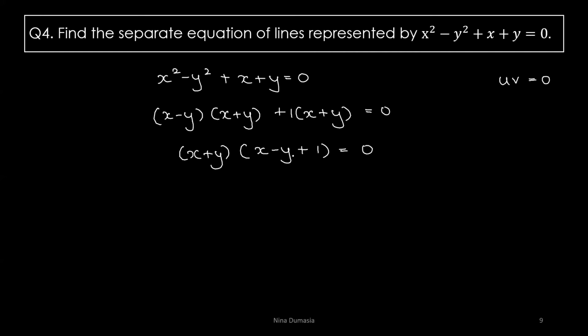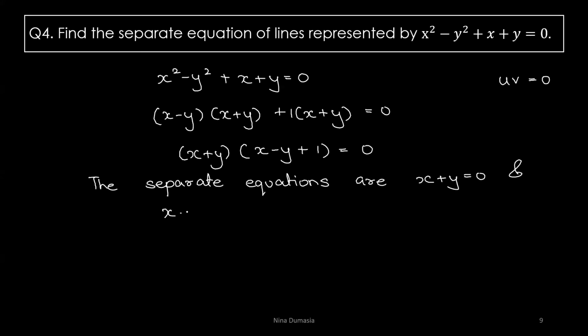So we have got two brackets, both are linear, so therefore we can say that the separate equations are x plus y is equal to 0 and next is x minus y plus 1 is equal to 0. Okay, so these are the two separate equations. And this was their combined equation that was given to us.